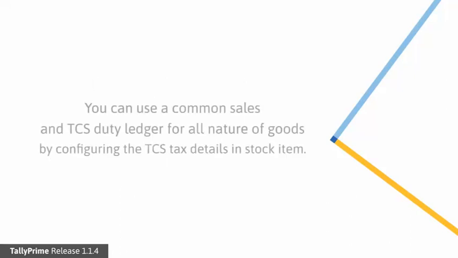If you are dealing with multiple TCS nature of goods, then you can define the TCS details at the stock item level and use a common TCS sales ledger and tax ledger. TCS will be calculated based on the TCS details defined in the respective stock item master.